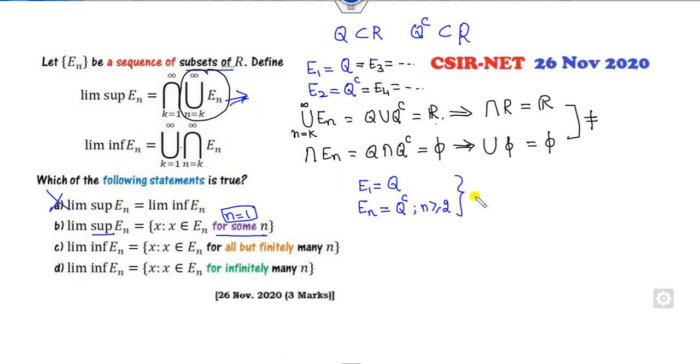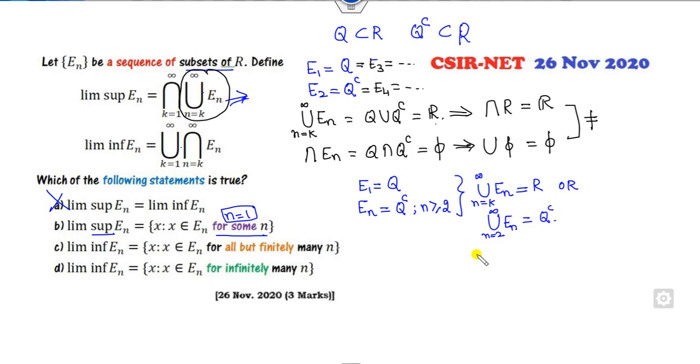What is the union of En, where n starts from K to infinity? This is nothing but my R, because if I start from 1, 2, 3 and so on. But if I start from 2 to infinity, then what is that? It is my Q complement.